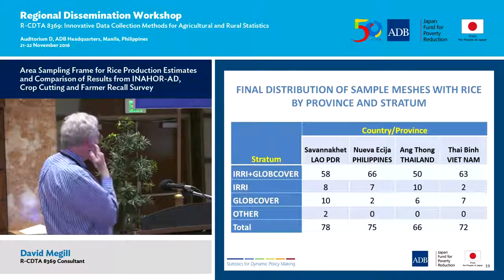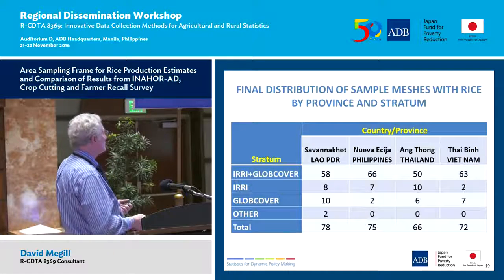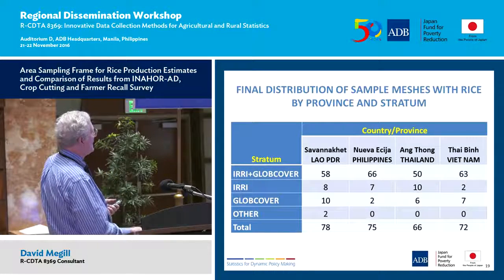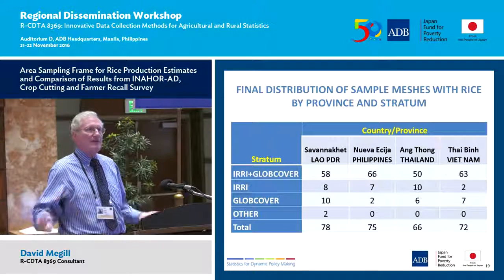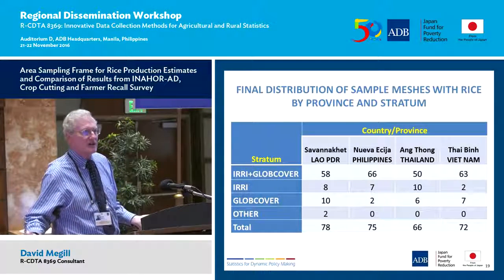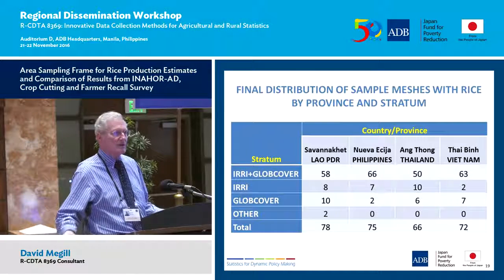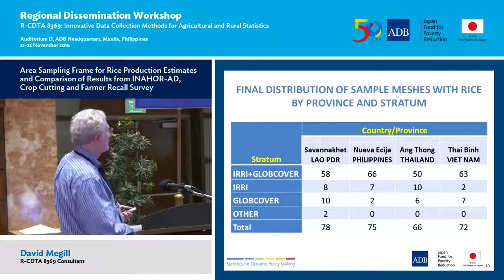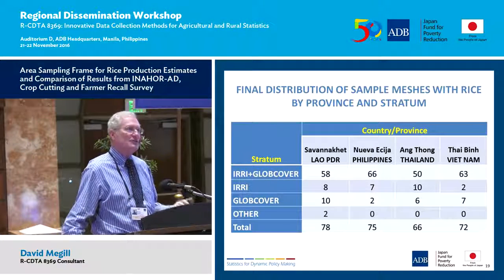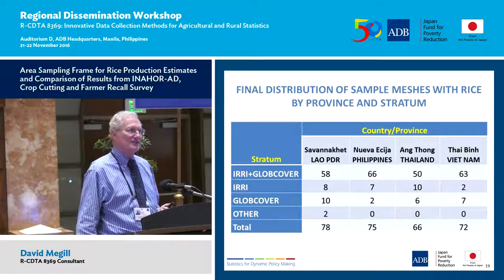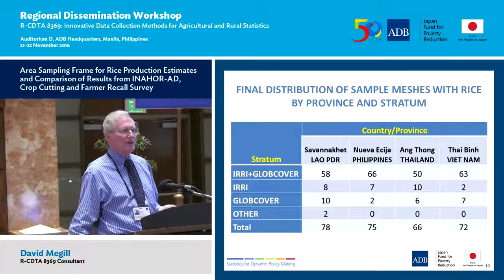Now, one interesting thing you see here, remember the other stratum had a very minute chance of finding rice, very low probability. But in the case of Lao PDR, by chance, two of the meshes, we found rice.